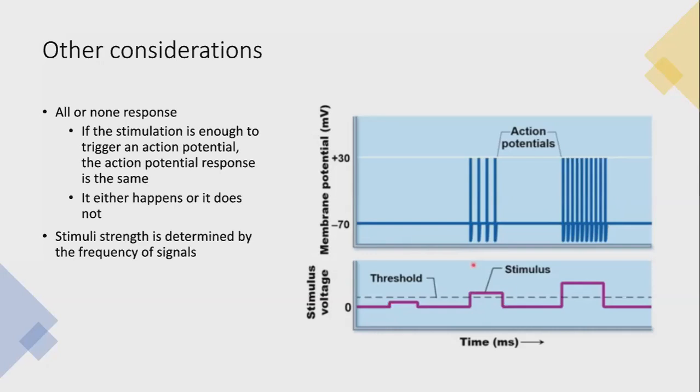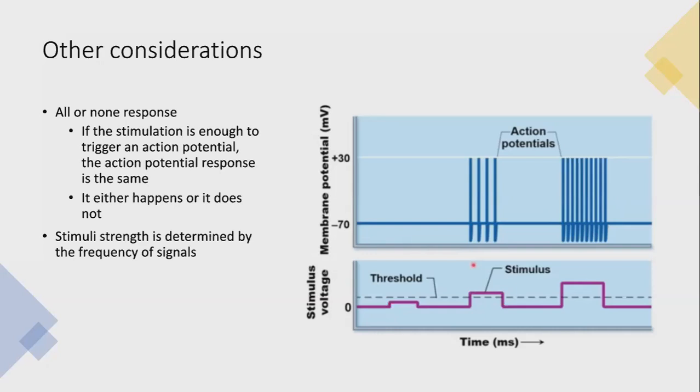So how can you tell if you're touching something that's warm versus something that's hot? The stimuli strength is going to be determined by the frequency of signals. Here you have that example on the right, a diagram of that. On the bottom, on the stimulus voltage, you notice the first voltage isn't strong enough, it doesn't hit that threshold, so nothing happens.